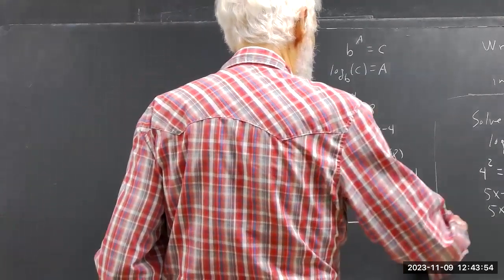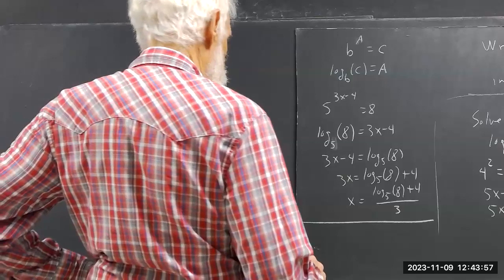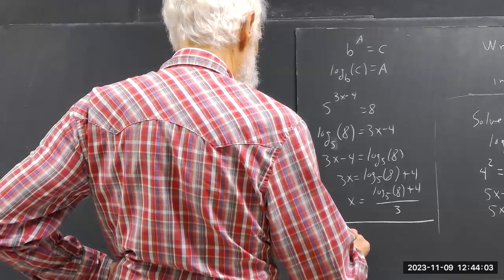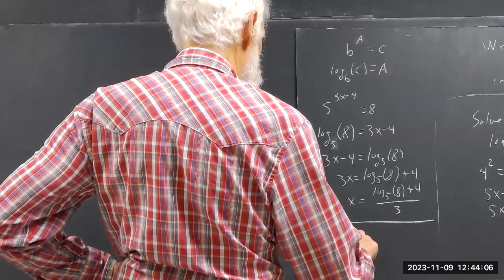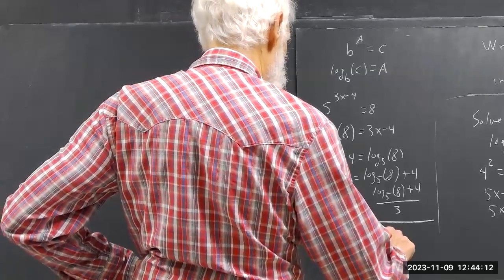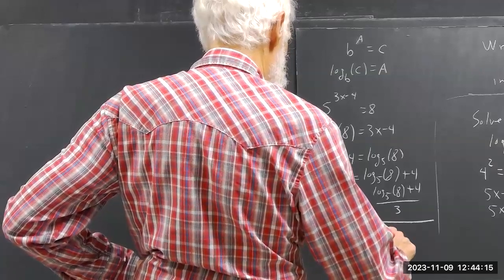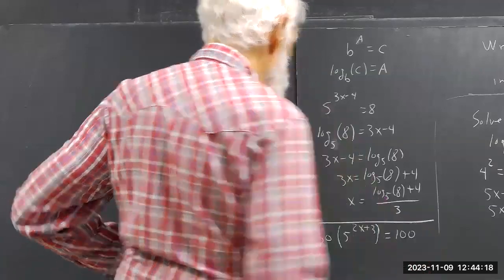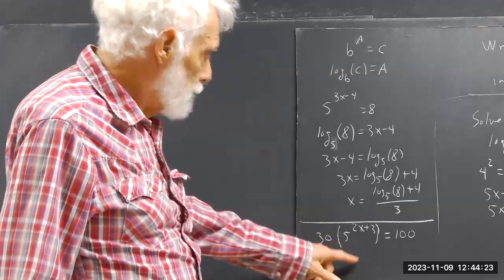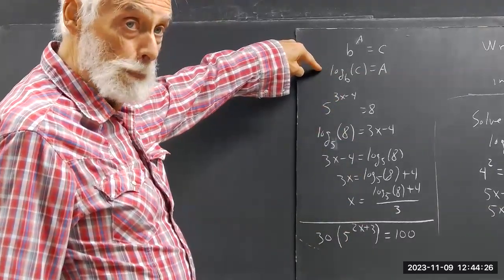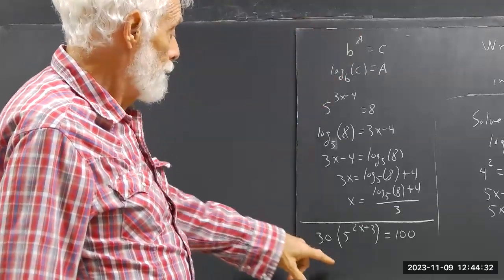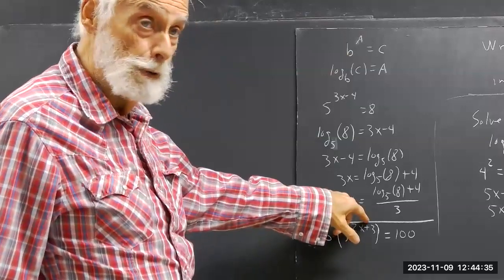Now, if we have an equation like 30 times 5 to the 2x plus 3 was 100. This equation is not in this form or this form, because there's nothing in front of your b to the a here, whereas there's something in front of your 5 to the 2x plus 3.